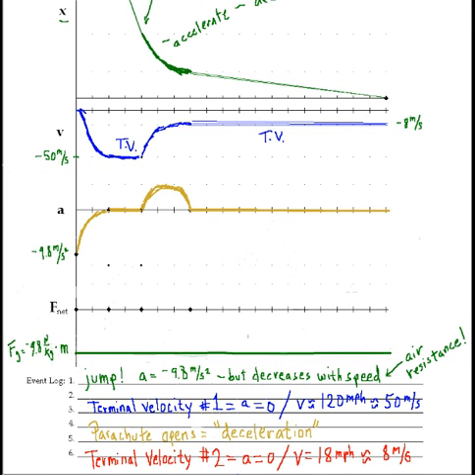But then you have air resistance, and the air resistance starts at 0, and the air resistance is going to increase, just the same way that the acceleration changed, the air resistance is going to change. So our net result between the green and the red is going to be our net force.